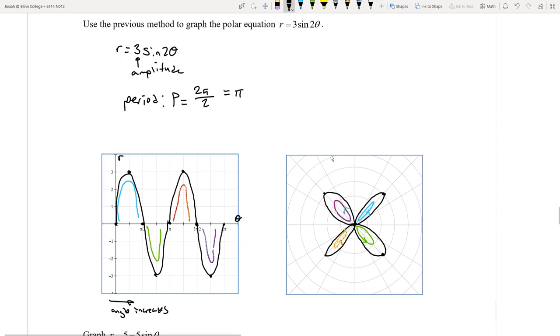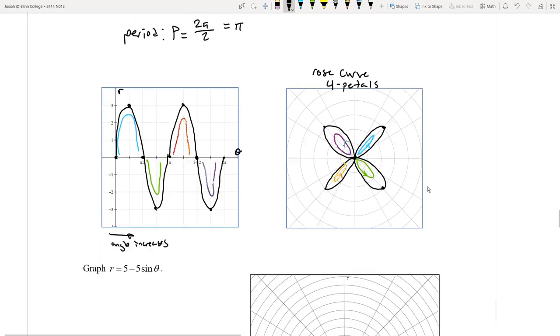And so we get what's called a rose curve with 4 petals. So a 4-petal rose curve. And so that's how we can use the graph of r versus theta to get our polar graph.